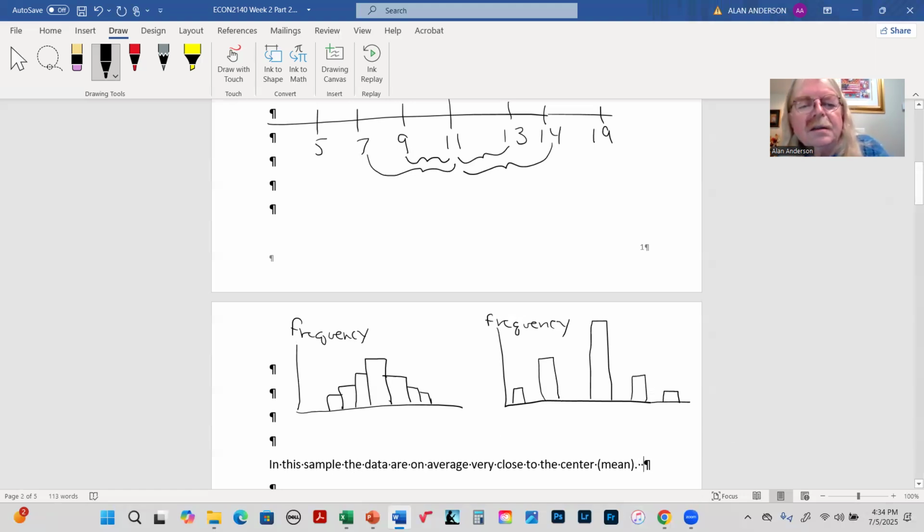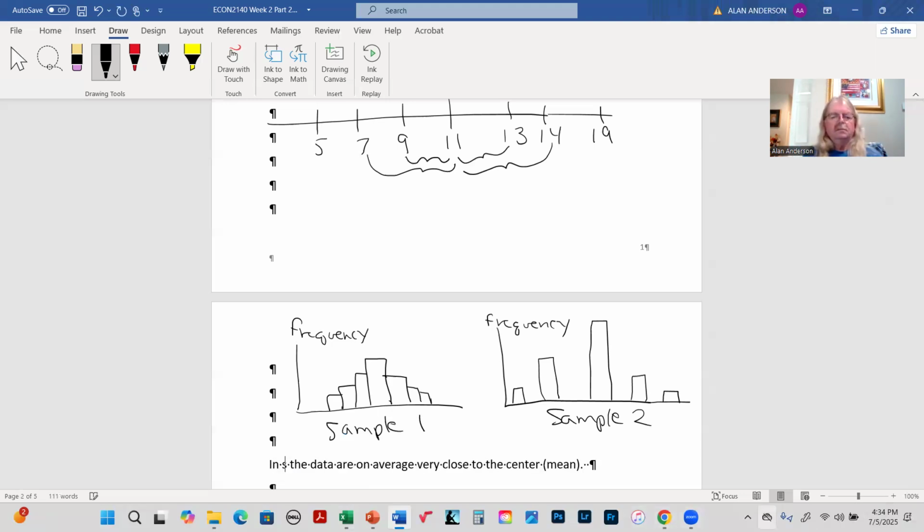Actually, I'll tell you what. Let's make this a little more clear. Let's call this sample one and sample two, just so there's no doubt about what we're doing here. Okay, so in sample one, they're all pretty close to the center.